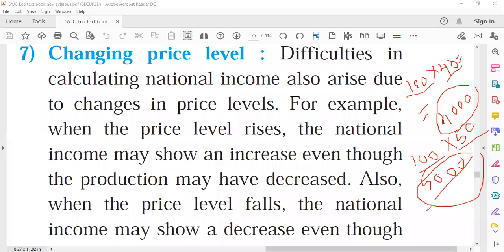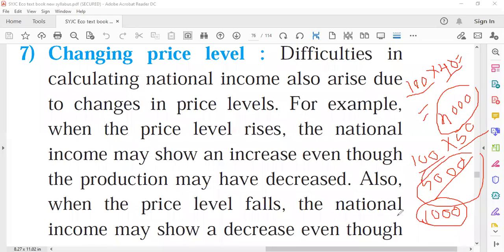But how did he get 1,000 extra? It is because of the inflation. यानी कि ये जो वैल्यू है ये inflated value है. And therefore we are not able to calculate the exact value of national income. If the price level increases, we will get inflated value of national income.